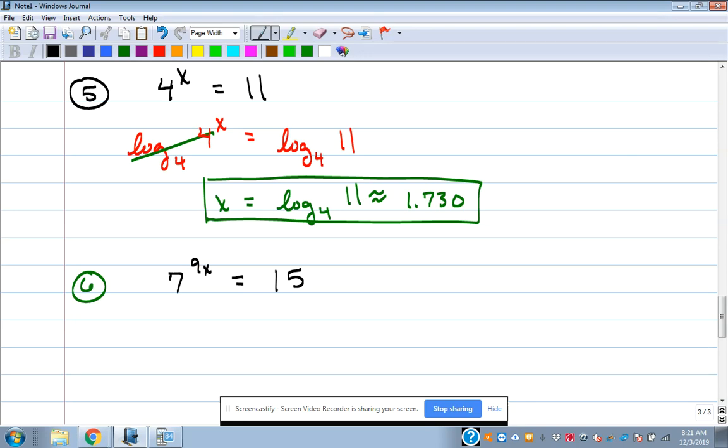No. 7's prime, so it's not going to break down at all. And 15 is not 7 to a power. Right? 7 squared is 49. Definitely doesn't work. But since the only thing going on is the 7 to the 9x, the variable's up there. To get rid of that base of a 7, what am I going to do? Log base 7 of each side.